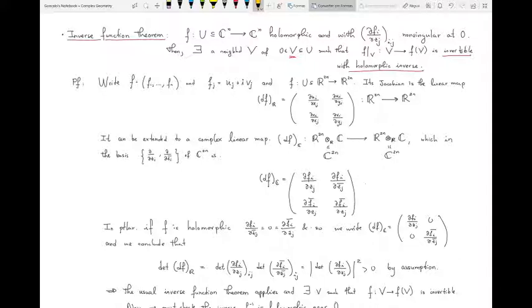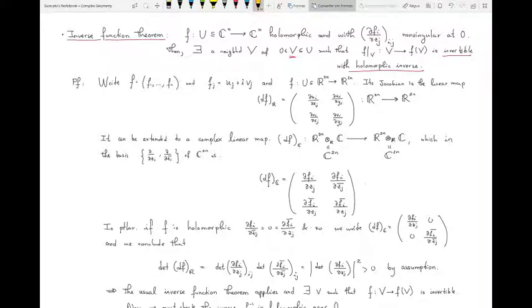For that, I'm going to write the function f as an n-tuple of functions, so these are the components, with each f_j written as its real part plus imaginary part, which I respectively call u_j and v_j. Then I can regard Cn as R2n and f as a map from a domain in R2n to R2n, and we can write its Jacobian in this way.